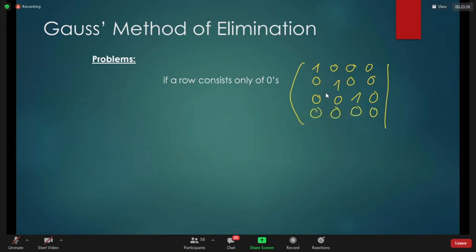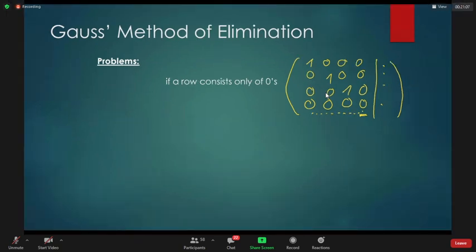As we are trying to simplify the last row, all of a sudden, subtracting one of the other rows, we get 0, 0, 0, 0. So this would be a big problem, because that means that we cannot find the last variable. It's impossible to find.